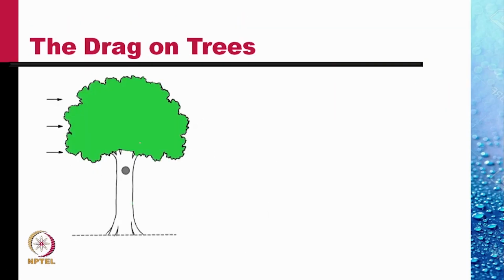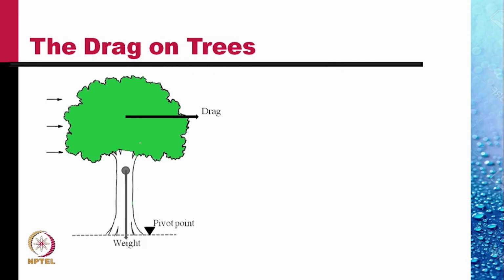More on the drag on trees. For trees standing in a wind, the canopy of the tree offers a large drag. Because of large drag, the tree tends to topple over. There is a pivot point about which the drag would tend to topple the tree.